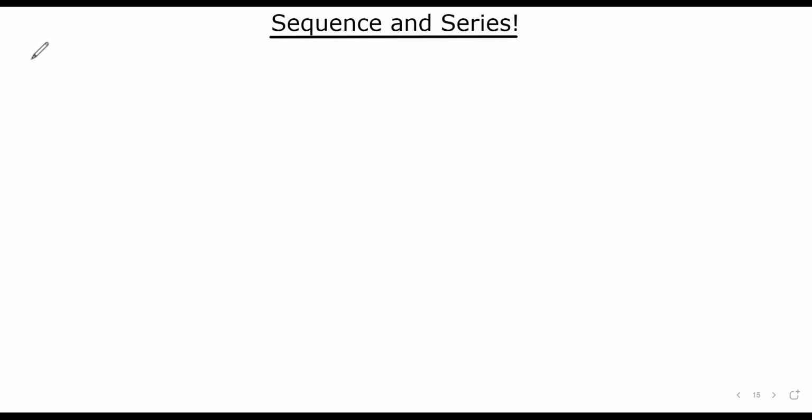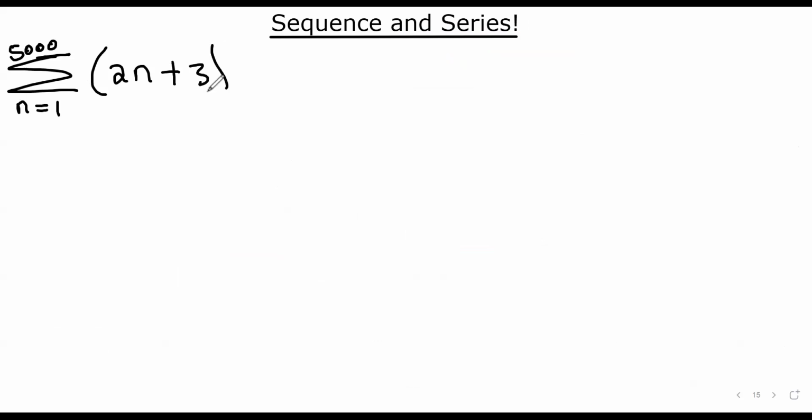You could have went to this series and said, well, for the sum from n equals 1 to n equals 5,000 of this general term, 2n plus 3, I'm going to evaluate it aside. And then I say, well, the number of terms is 5,000 divided by 2.